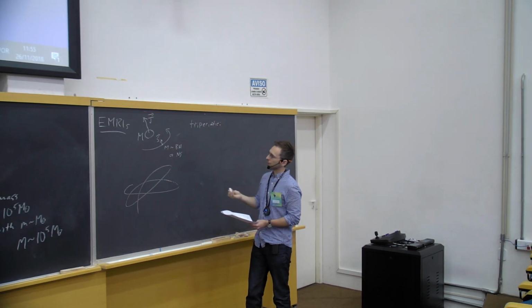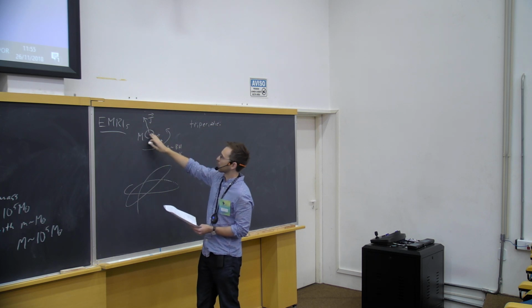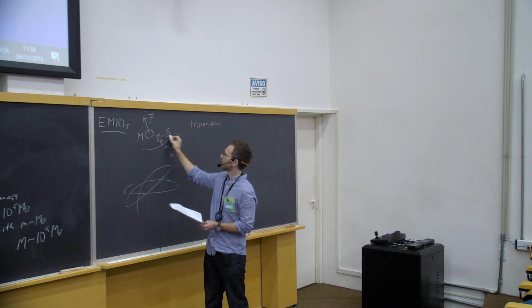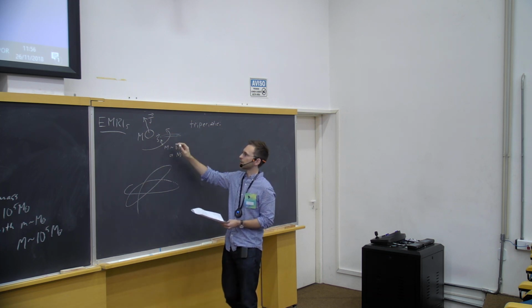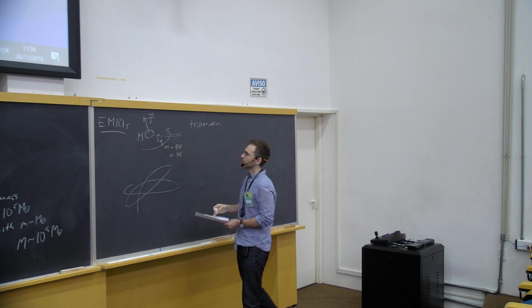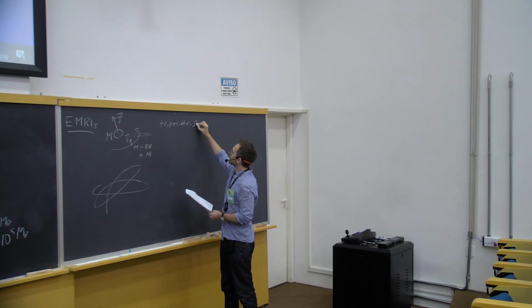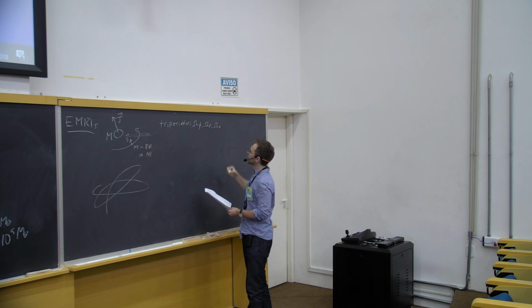That's because it has three frequencies. One is the frequency of the round and round motion going around the big black hole. One is the frequency of the in and out motion, the radial oscillation. And one is the frequency of the up and down motion. So you've got three frequencies, say omega phi, omega r, and omega theta.